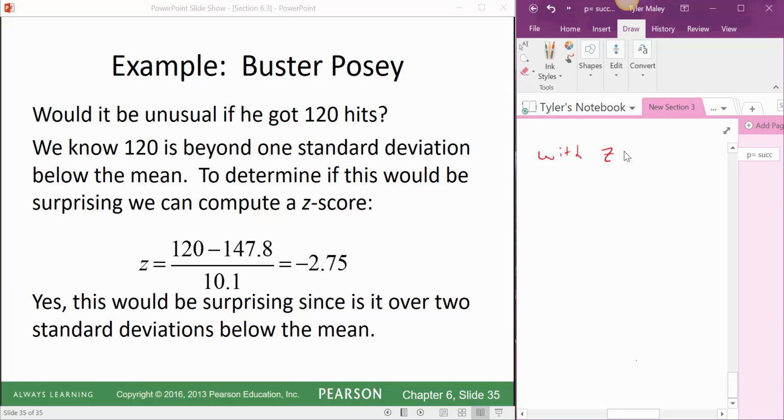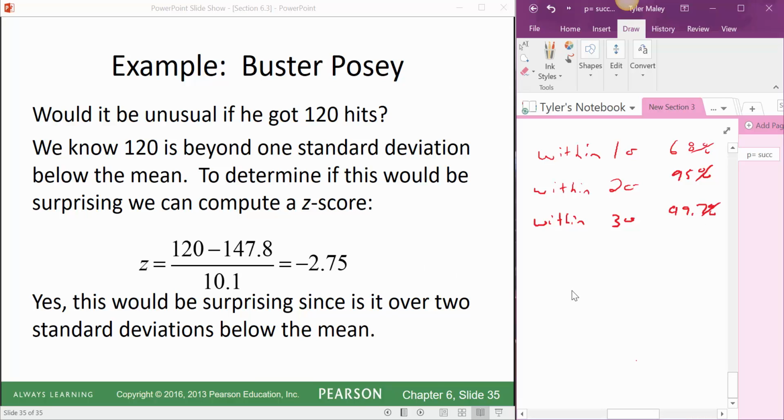Within one standard deviation, we have 68% of my data. Within two standard deviations, we have 95% of my data. And within three standard deviations, we have almost all the data, or 99.7%, roughly.